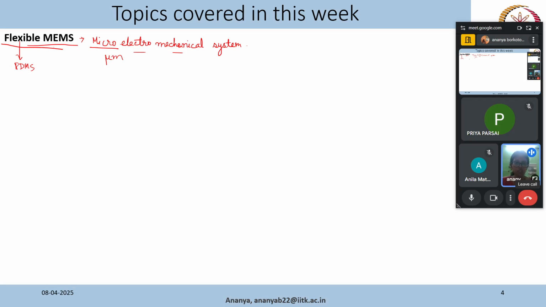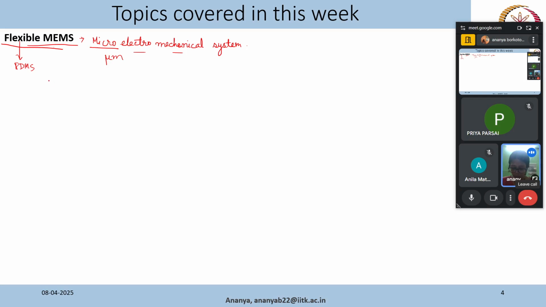For example, last week we discussed how we can measure electrical and mechanical properties of a tissue to identify some diseases like cancer. The mechanical property was the elasticity of the tissue, and the electrical property was the impedance of the tissue. Normal tissue and cancerous tissue have different electrical and mechanical properties. Now the aim of a MEMS sensor is that we want to measure both of these properties, or different electrical and mechanical properties, together.